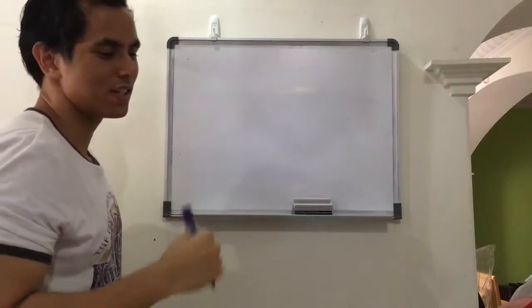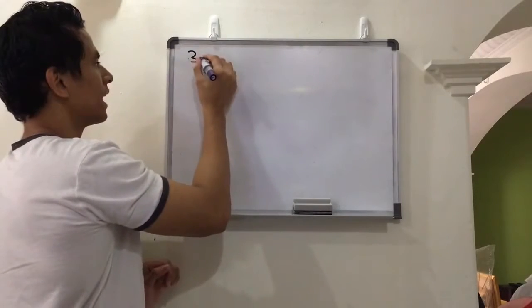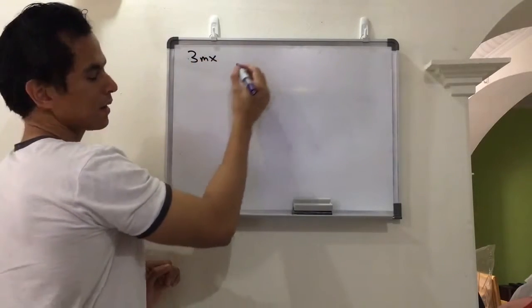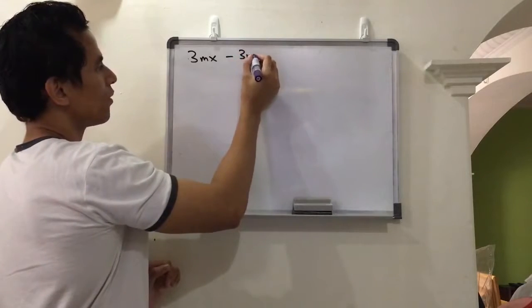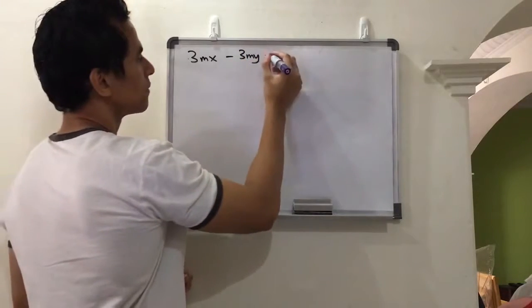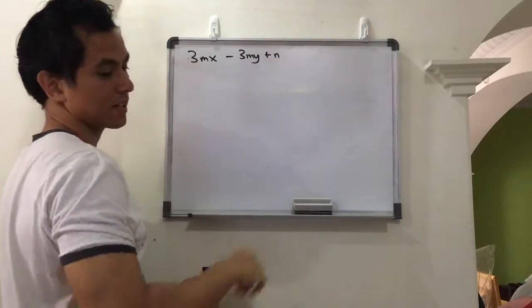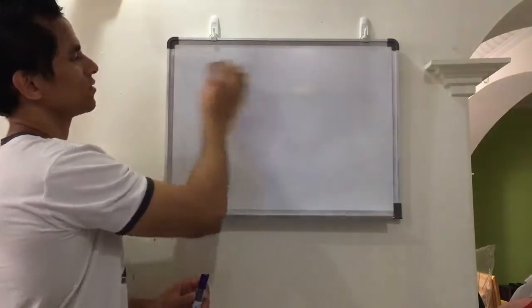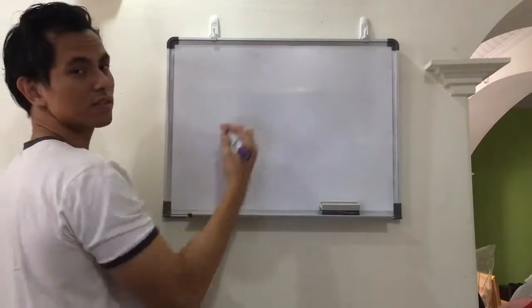Okay, so say we have 3mx minus 3my plus nx minus ny. Okay, I think I'm writing it too big. Let me write it smaller, because this is a long question.